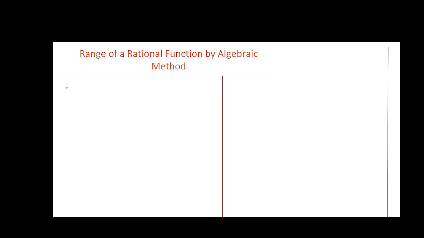So, given that our f of x is equal to x plus 2 all over x minus 2, now find the range of the function.